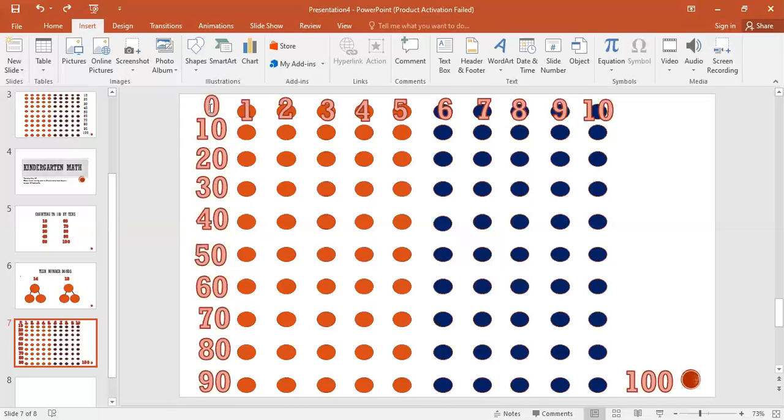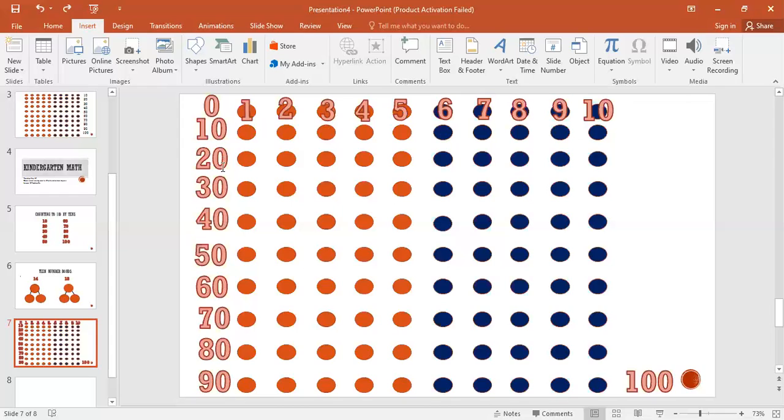You ready? 0, 1, 2, 3, 4, 5, 6, 7, 8, 9, 10. Here we're at 10, 11, 12, 13, 14, 15, 16, 17, 18, 19, 20.